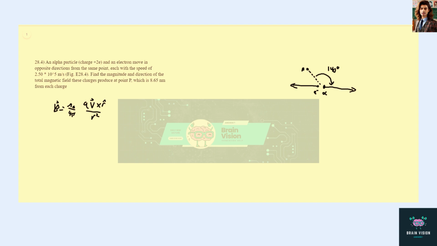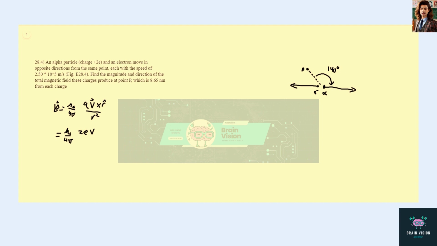So we need to write down what this is going to be for each of them. I'm going to start off with the equation for the alpha particle. That's mu naught over 4 pi, Q is 2e, where e is the electron charge, and then v is 2.5 times 10 to the 5.